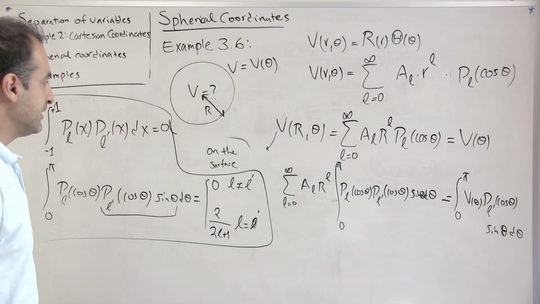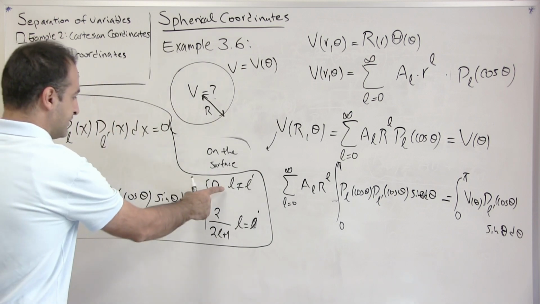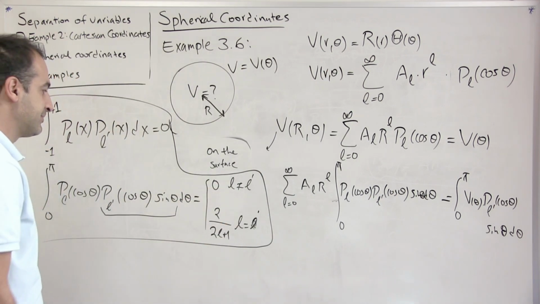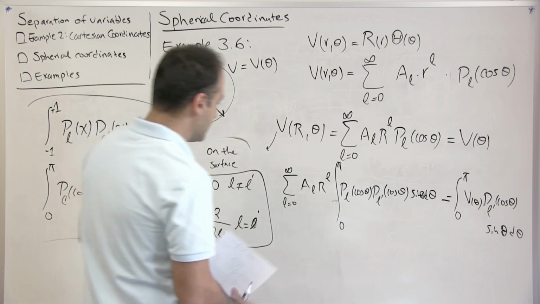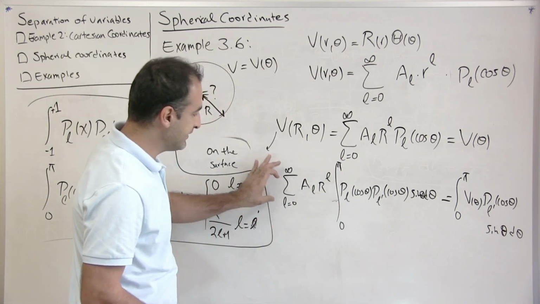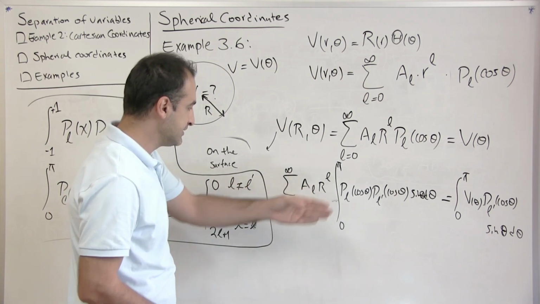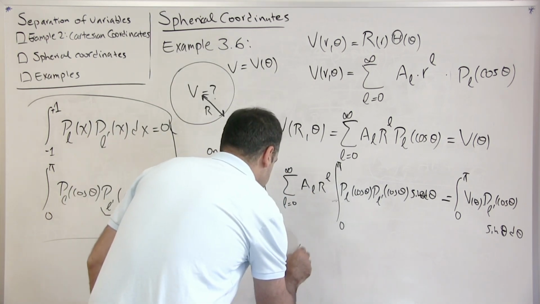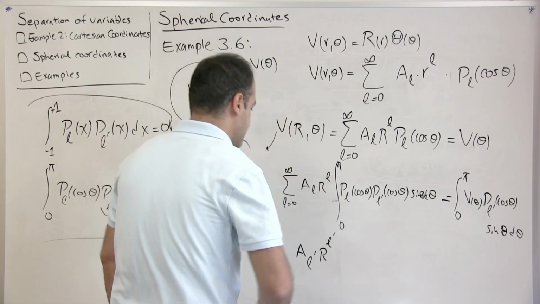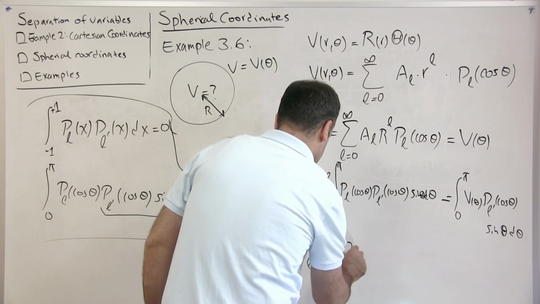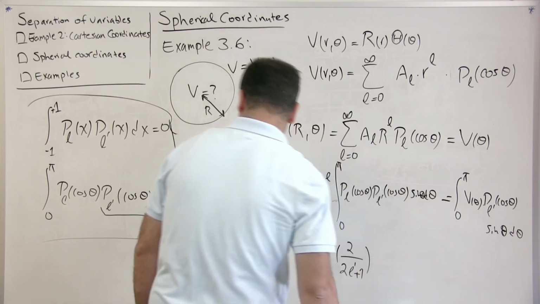So what we get here is that this integral, as I said, is always 0 except when L equals L prime, and that gives me 2 over 2L plus 1. So if I do this summation over L values, all of them are 0 except when L equals L prime. That means I get A_L' R to the power of L' times 2 over 2L' plus 1.